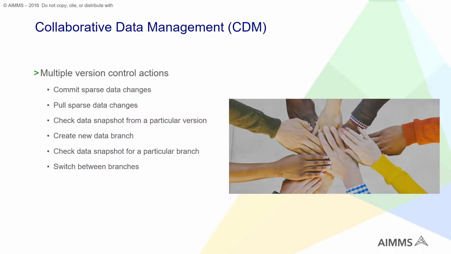That branch is not very useful unless we can also take a snapshot of that branch and check the whole data and compare. So we also have the ability to pull a complete branch from our data repository and take a look at it. And that also includes switching between different branches to take a look at how the data looks.